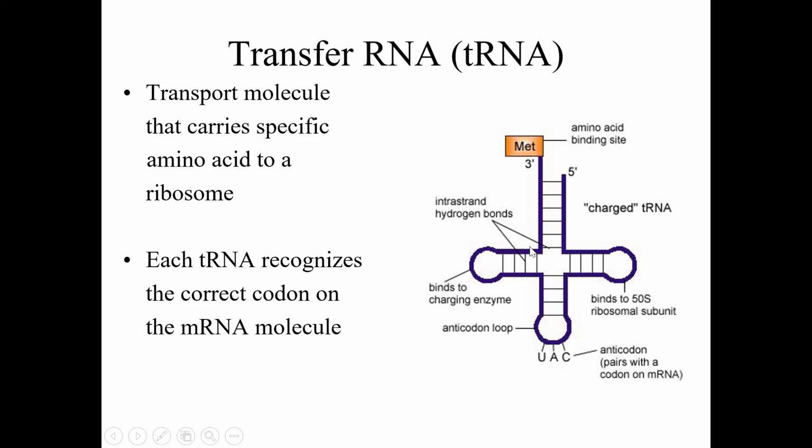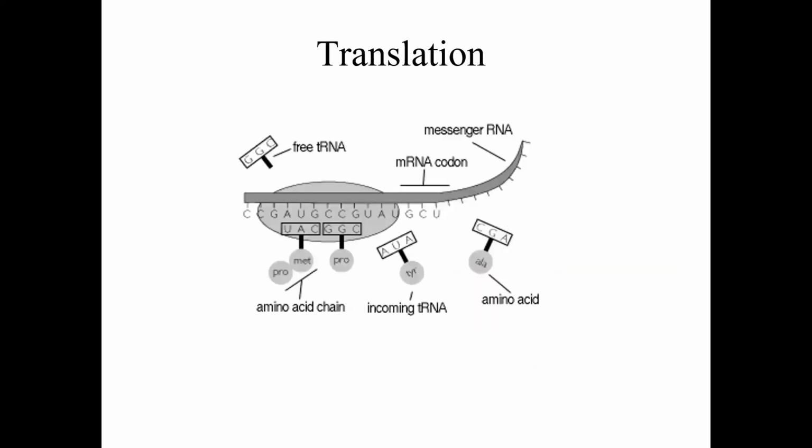So structurally, this is how it looks. Now, the process of translation: you have your transfer RNA with the specific code that is going to be used to produce the amino acids.